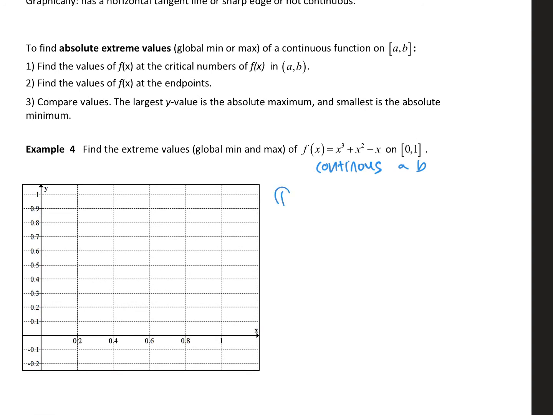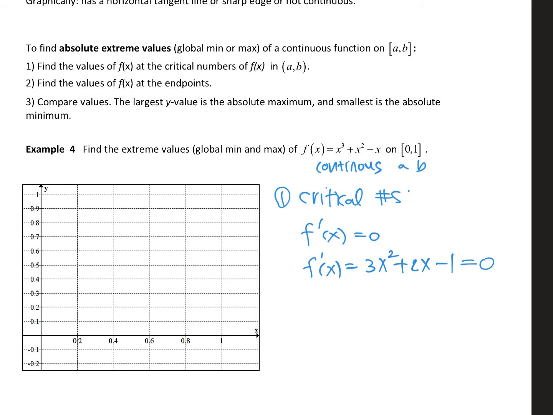So to find critical numbers, I'm going to set f prime of x equal to 0. What I'll get is f prime of x, taking the derivative: 3x squared plus 2x minus 1. I'm going to set that equal to 0. This is a quadratic equation because I have x squared. So the easiest way is to try to factor.